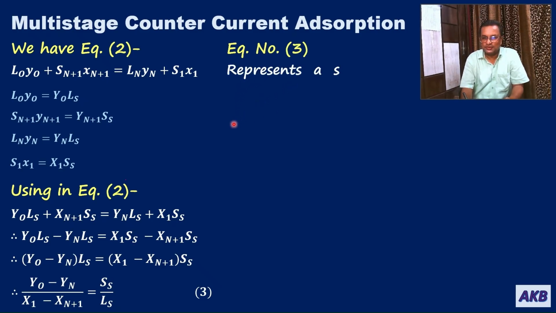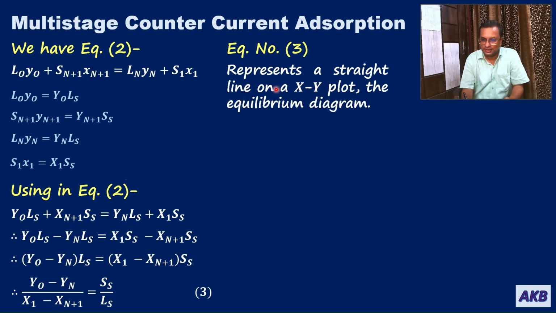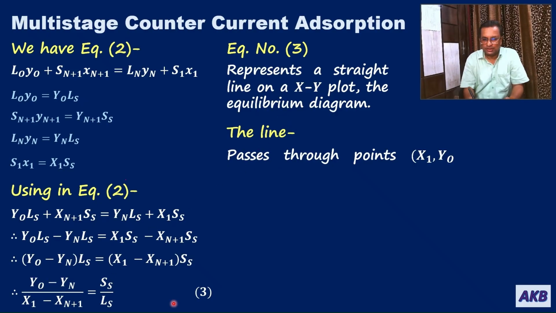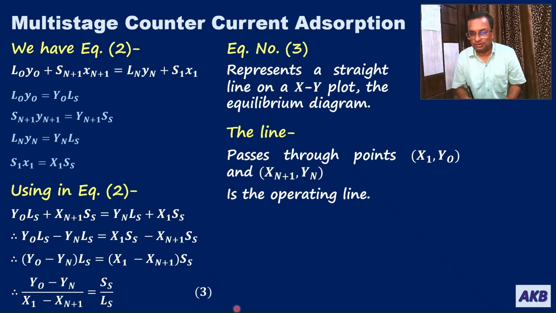And equation number 3, what can you say about that equation? It represents a straight line on an xy plot, which is nothing but the equilibrium diagram. The line passes through two points, capital X1, Y0 and capital Xn plus 1, capital Yn, and this is nothing but the operating line for the n stage counter current adsorption operation.